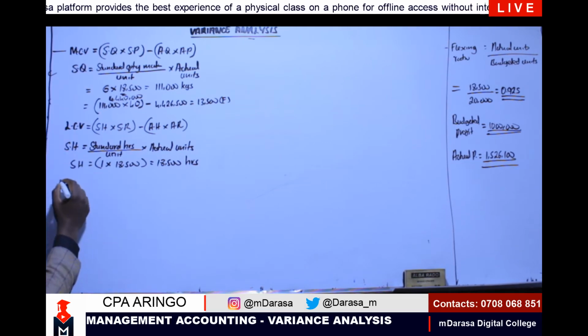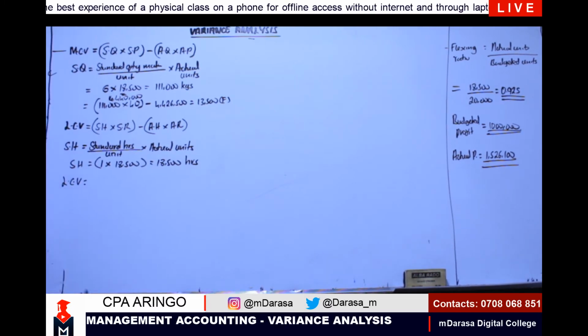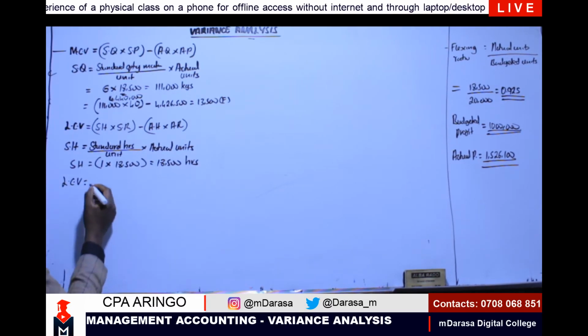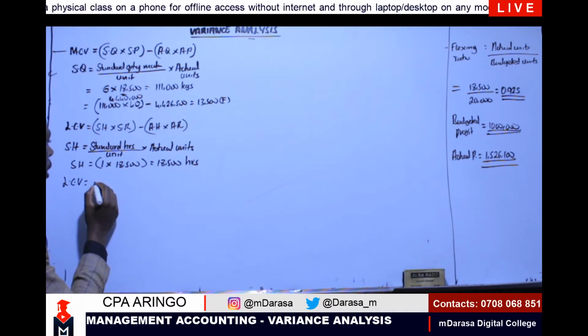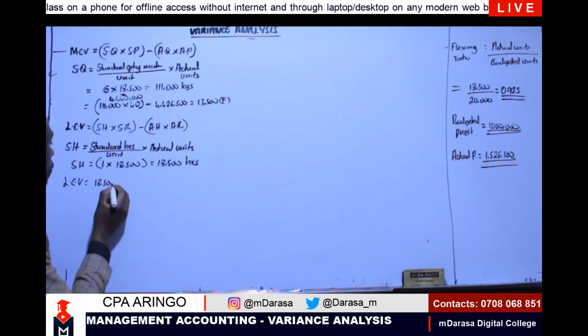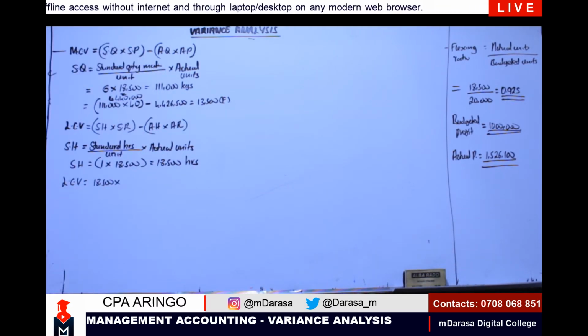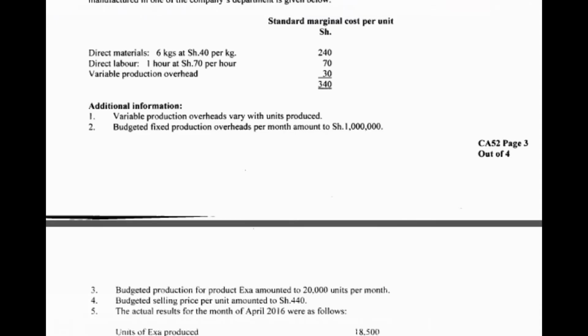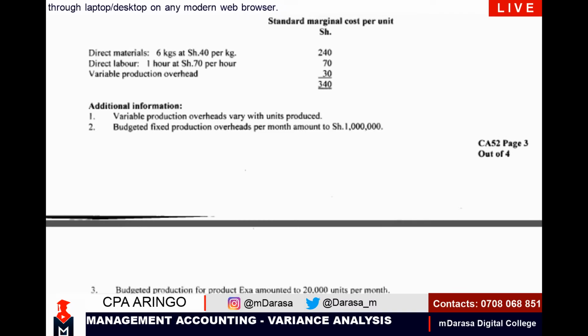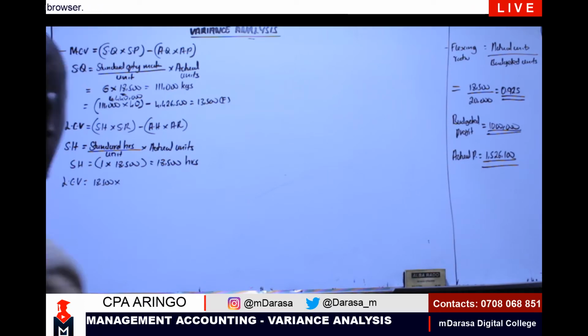So quickly we can determine our labor cost variance by taking our standard hours, which is 18,500, and multiplying by our rate. I was given 70 shillings per hour. Not actual, but standard rate. So I should have times 70.